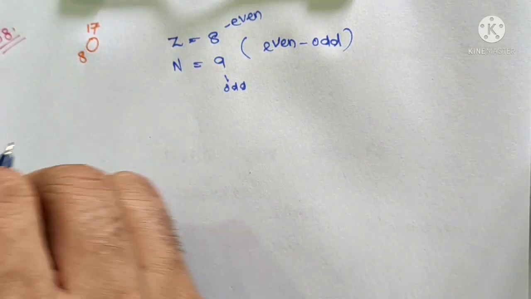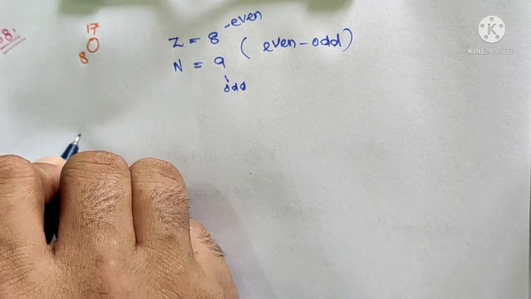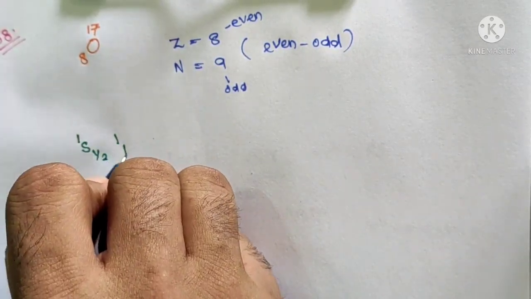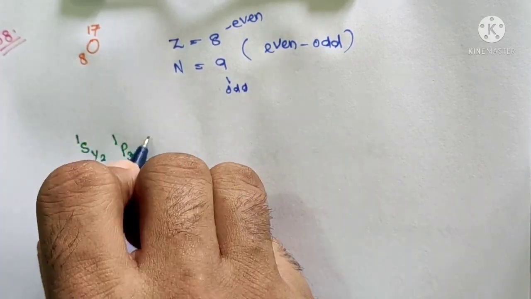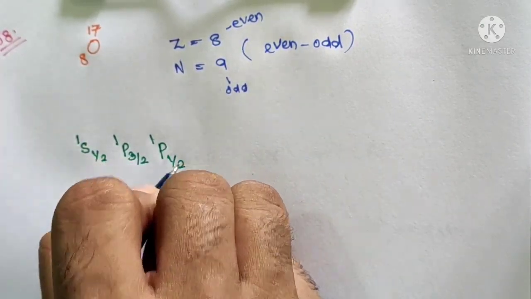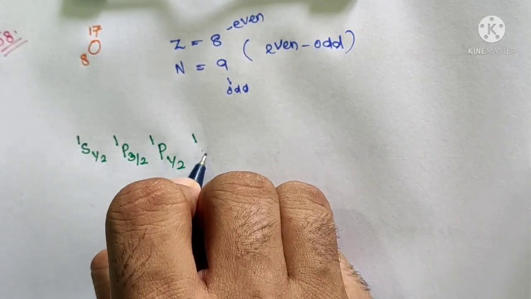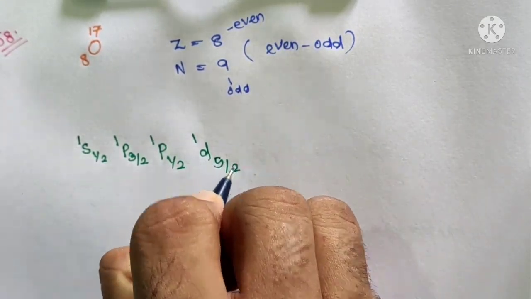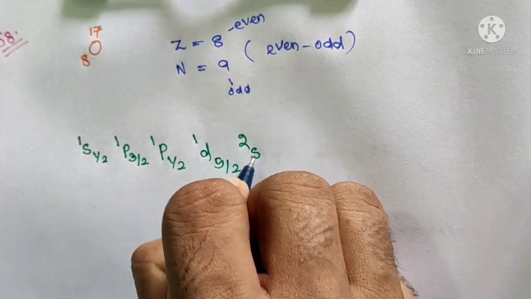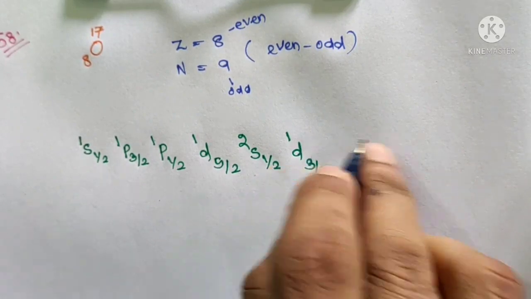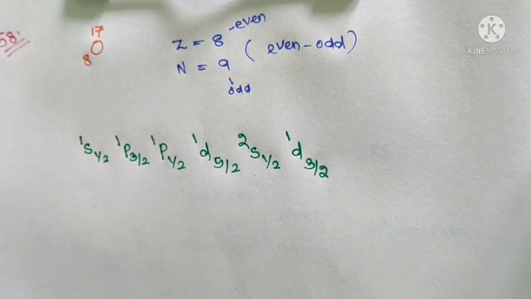Now splitting of subshells is given by 1s half, 1p 3 by 2, 1p half, 1d 5 by 2, 2s half, 1d 3 by 2, and so on. That is enough for us.